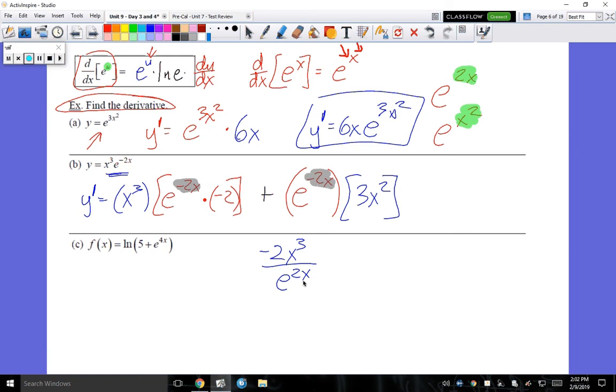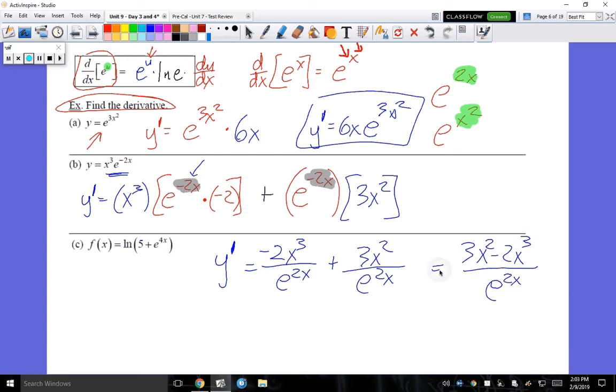So I've moved this negative 2x to the bottom, making it positive, and I'm going to add the 3x squared, and again moving the other one to the bottom, making it positive. So this is an equivalent form of the derivative. And yes, if you'd like to combine those two together to something that looked like this, most likely that would be your simplified form.